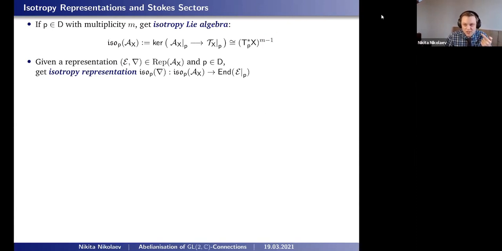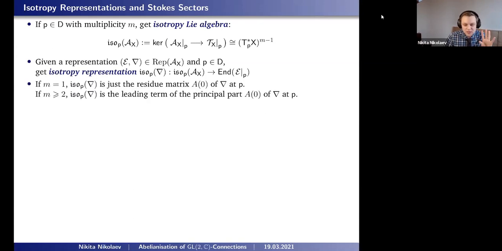And what I get is an endomorphism of the fiber of the vector bundle above P. In down-to-earth language, if we're thinking of connections in local presentations as differential equations, then when the pole is a simple pole, so multiplicity M equals 1, this isotropy representation is just the residue matrix of my connection, the matrix above z to the power of minus 1, which is, of course, a well-defined endomorphism of the fiber.